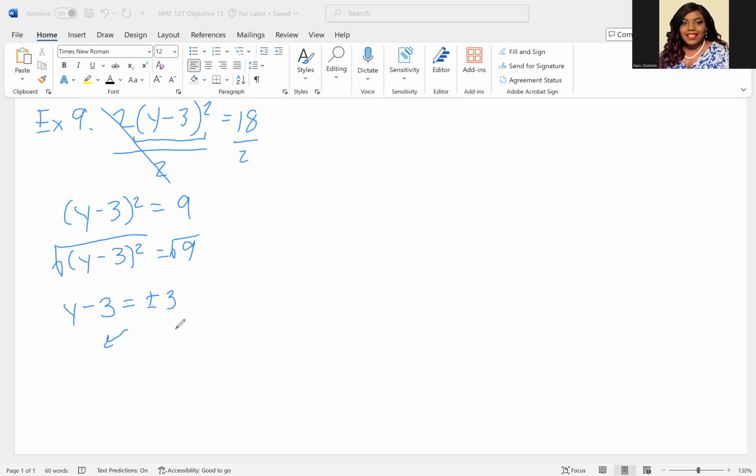Now we got to set up our two problems. We got y − 3 equals 3, and y − 3 equals negative 3. So for both situations, we're going to add 3 on both sides. And our first y is going to be 6, and our second y is going to be 0.